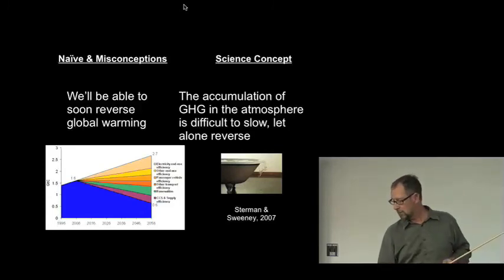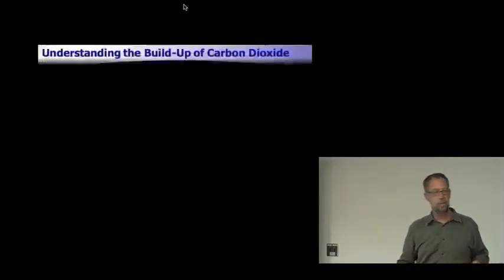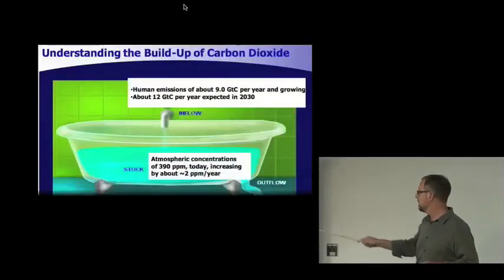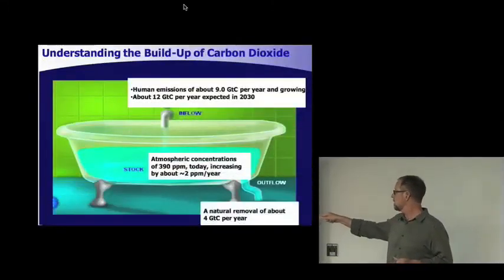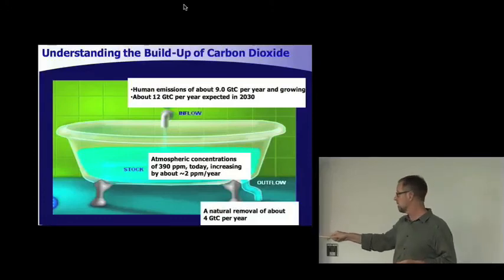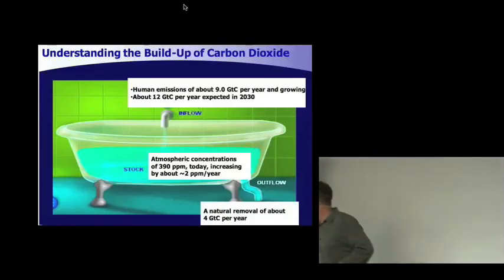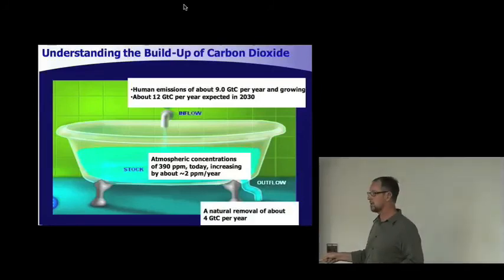concentrations. But the metaphor that he's come up with is the bathtub metaphor, because there's 9 gigatons of carbon coming in per year, anticipated to be 12 gigatons in the coming years. That's sort of a faucet into the bathtub, and the bathtub's already at this level, and the natural drain is about 4 gigatons a year.